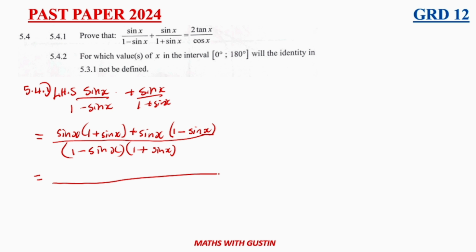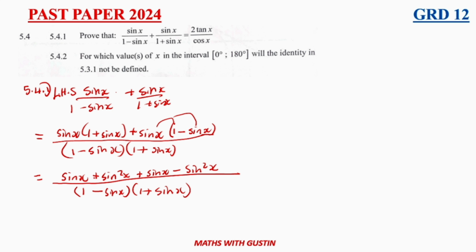So now what we need to do is remove the brackets here. First things first, sine x times 1 is going to be sine x, plus sine x times sine x is going to be sine squared x, plus sine x times 1 is going to be sine x. I'm multiplying here, guys. Negative sine x times sine x is going to be negative sine squared x. Therefore, over 1 minus sine x, close, times 1 plus sine x.